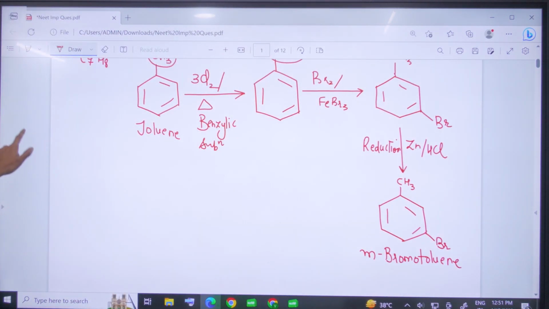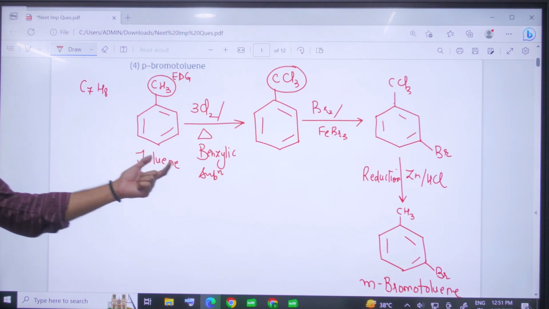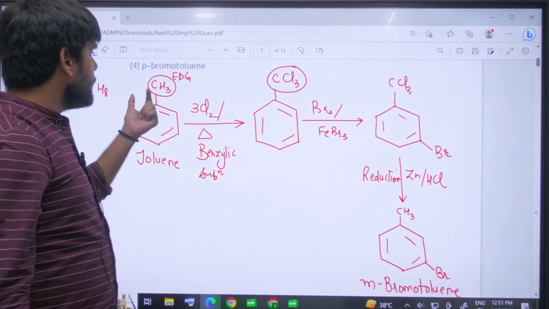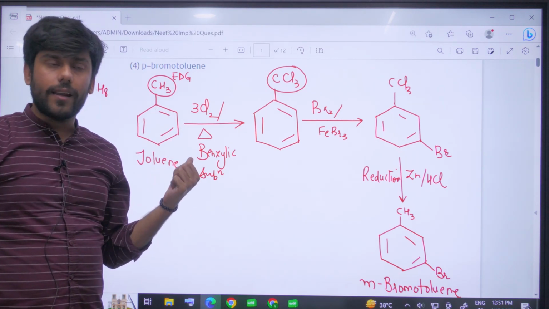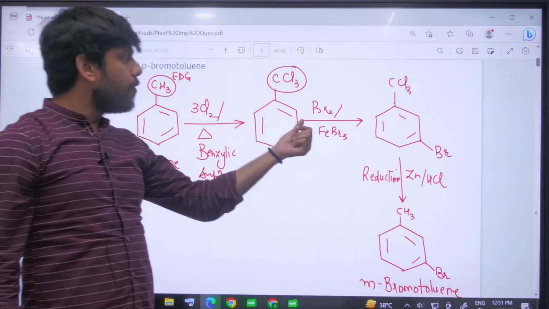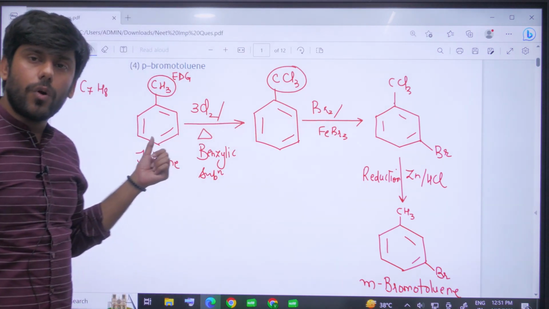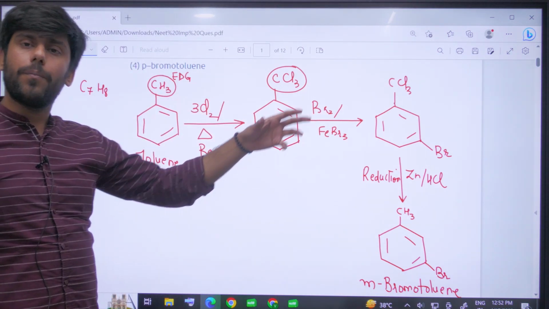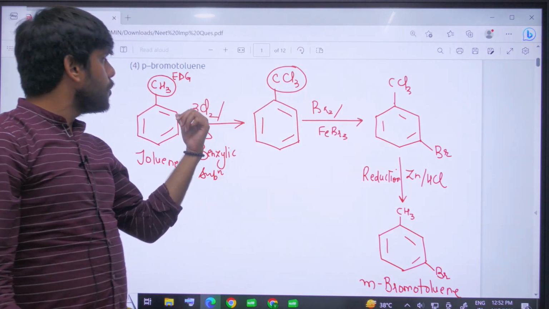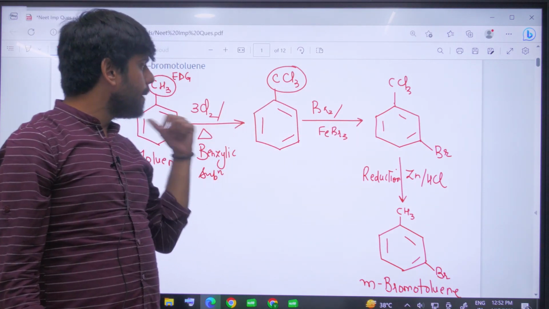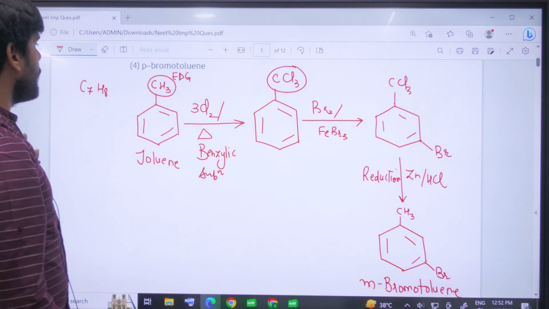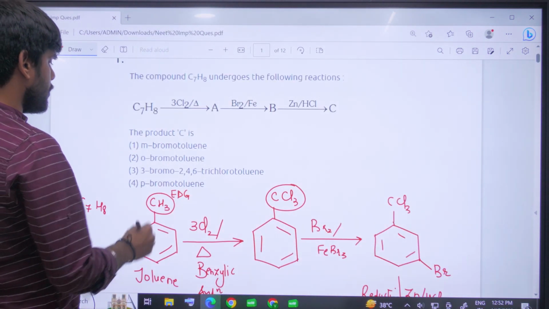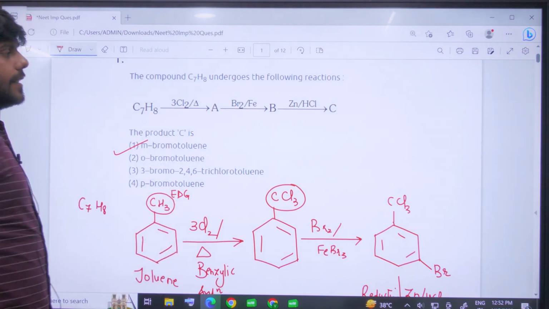And this is also a good reaction because you know that CH3 is your electron donating group, it is your ortho para director. So if you would have performed bromination with toluene, you would have got ortho bromotoluene and para bromotoluene, but by this conversion you get meta bromotoluene as a product. So basically in this reaction meta bromotoluene is the answer.